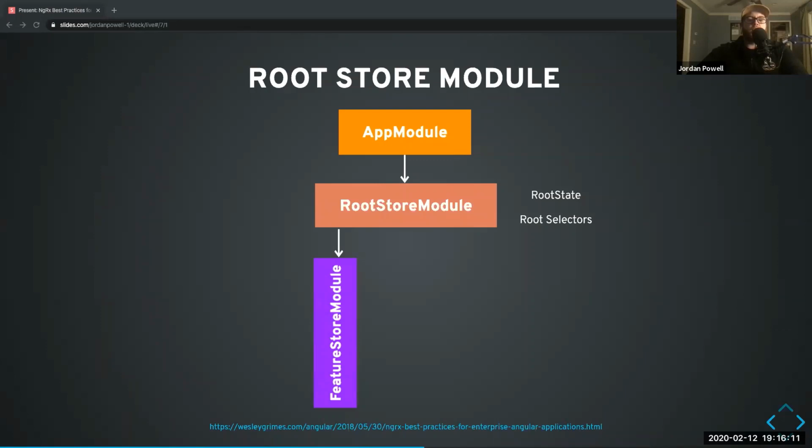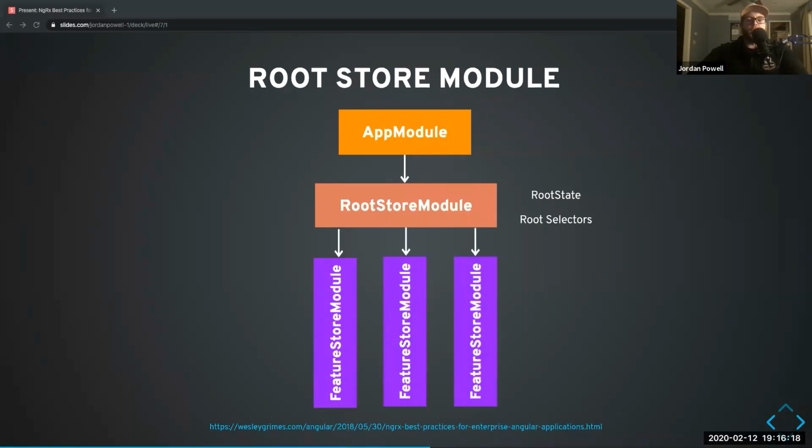Then the RootStore module imports various features: feature 1, feature 2, feature 3, and so forth. Each one of those feature store modules has its own state, actions, reducers, effects, and selectors. By doing this, you are really decoupling the state and the side effects of your application in a very maintainable way as your applications grow.